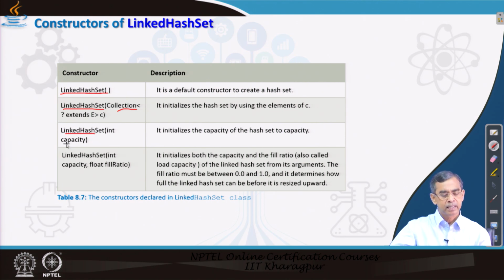Another gives a capacity as the initial size, and then there is one that also tells, if the linked hash set is to grow automatically, what the fill ratio should be at which it can grow. So, these are the different constructors that are there, and as I already mentioned, all the methods which are there in hash set are also there in linked hash set.